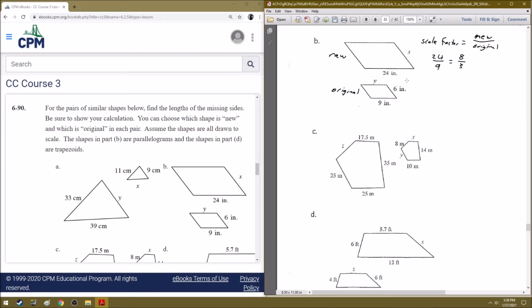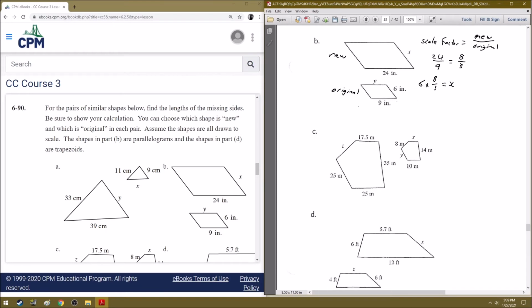So now with that we can find the missing side lengths. So here we have x, and its corresponding side in the original is 6. So we can take the original side length, which is 6, and multiply that by the scale factor, which is going to be 8/3. And that will tell us what x is going to be.